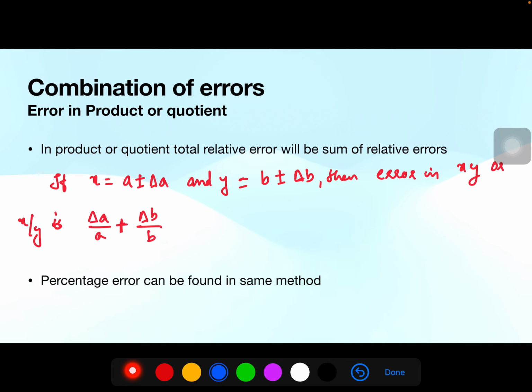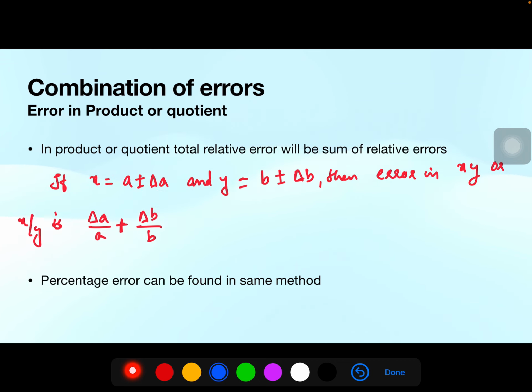That is, in the case of the result, the total relative error will be the relative error of the first measurement plus the relative error of the second measurement, even if you are multiplying two measurements or dividing two measurements.